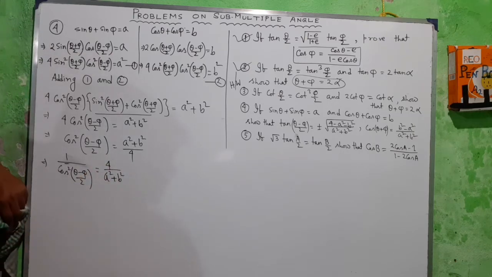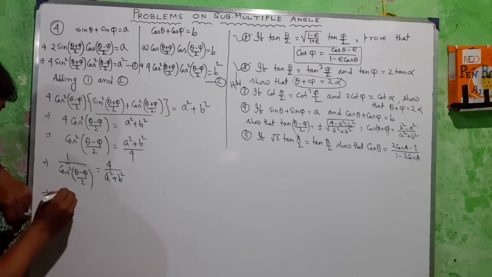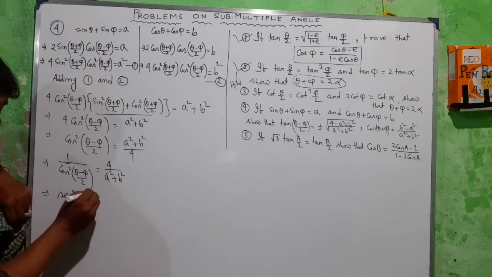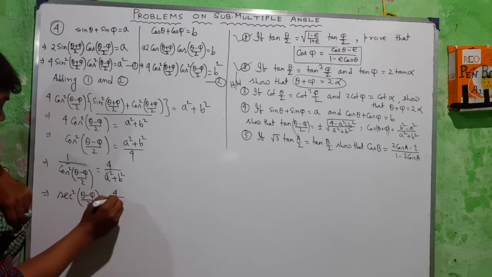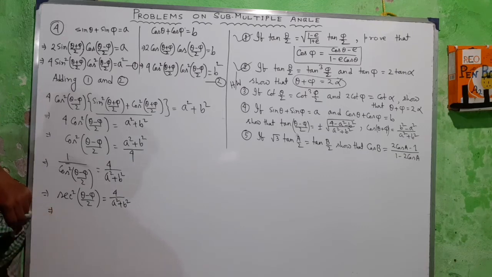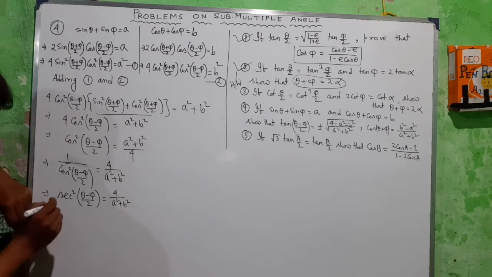And clearly you can write sec square (theta minus phi)/2 equals 4 by (a square plus b square). Now sec square theta minus tan square theta equals 1, so sec square theta equals tan square theta plus 1.